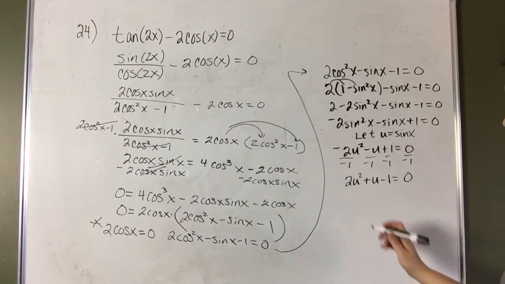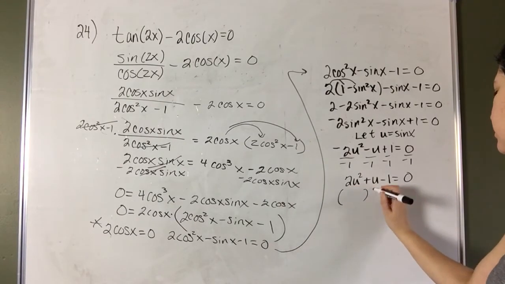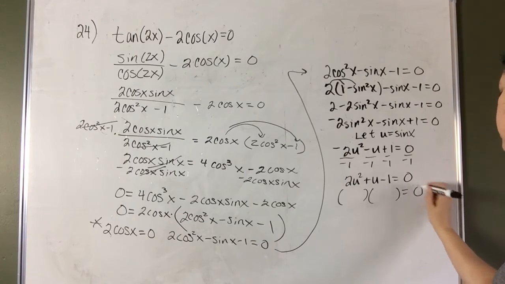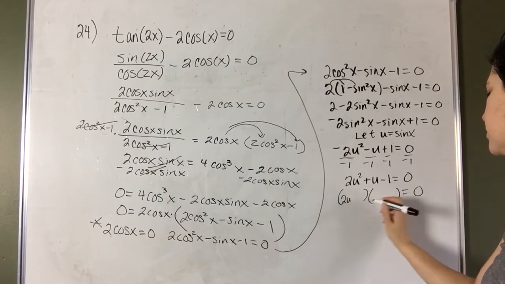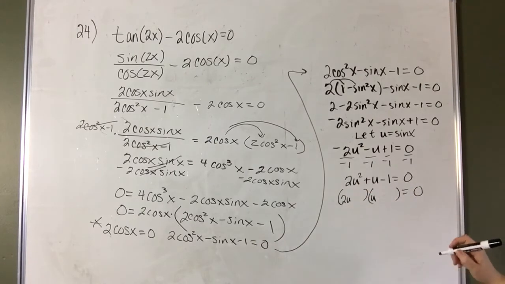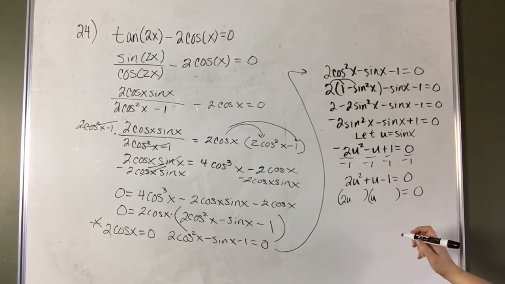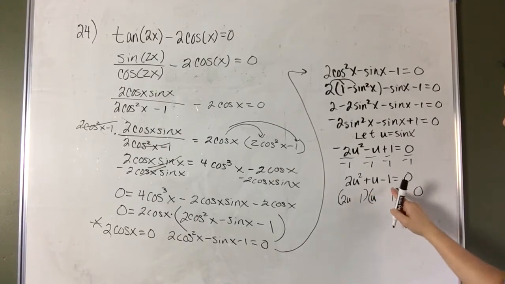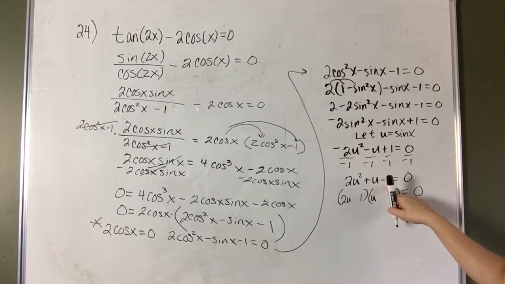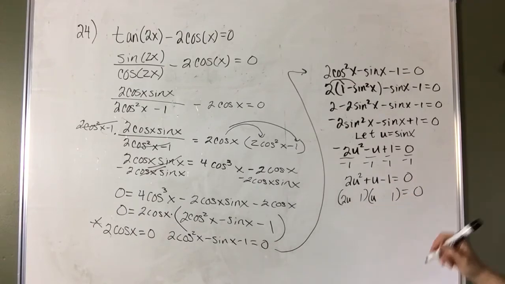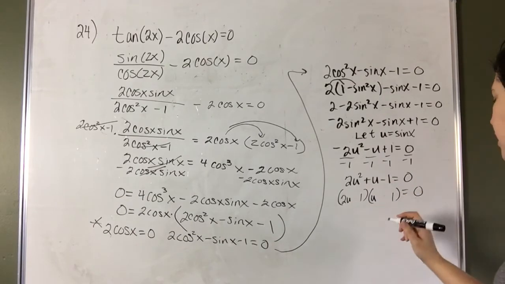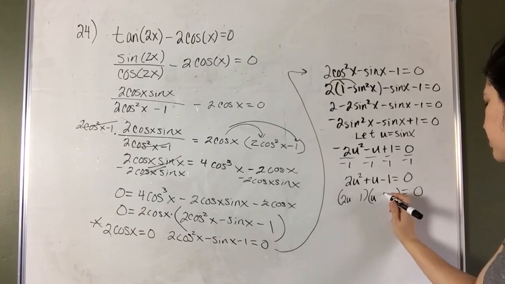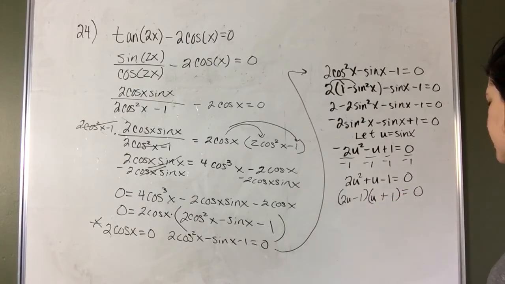Now we should try to factor this. So it'll be 2u times u gives us 2u squared. I know I want to put a 1 and a 1 because the numbers we put here and here need to multiply to this. I know one of them has to be negative though, and one of them has to be positive. So I'm going to put a positive here and a minus there.